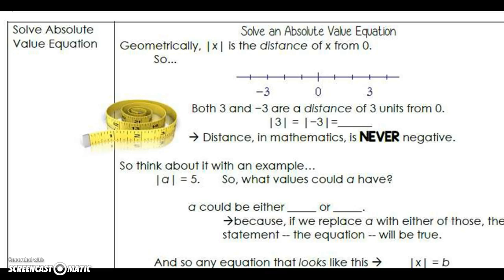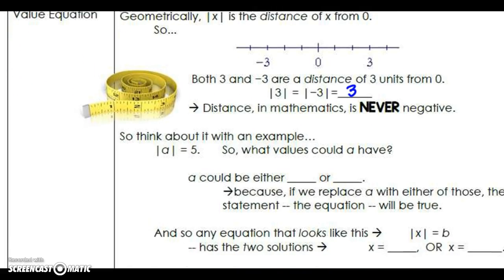All right, so for the next page, solving an absolute value equation. Geometrically, the absolute value of x is the distance of x from 0. So both 3 and negative 3 are 3 units from 0. So the absolute value of 3 is equal to the absolute value of negative 3, which is 3, because that's our distance away, and it's never negative.